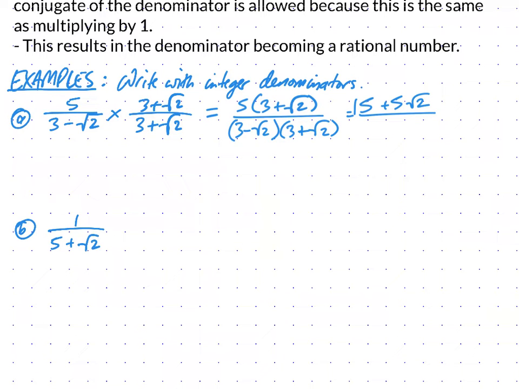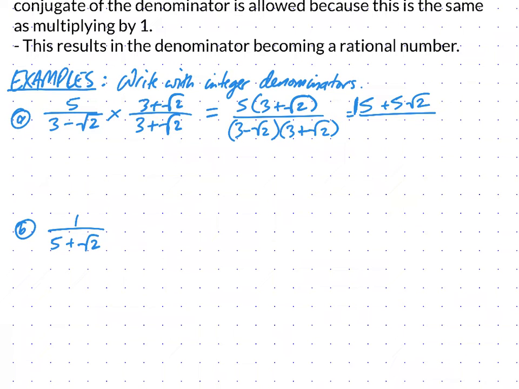This is a FOIL. 3 times by 3, plus 3 times by root 2, plus 3 times negative root 2, and negative root 2 times by root 2. And you'll see why we do the conjugate when we finish this FOIL.